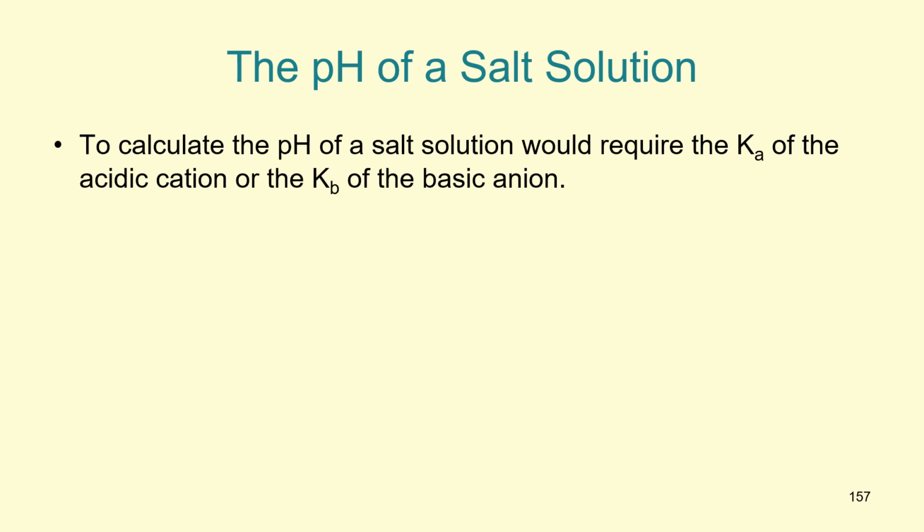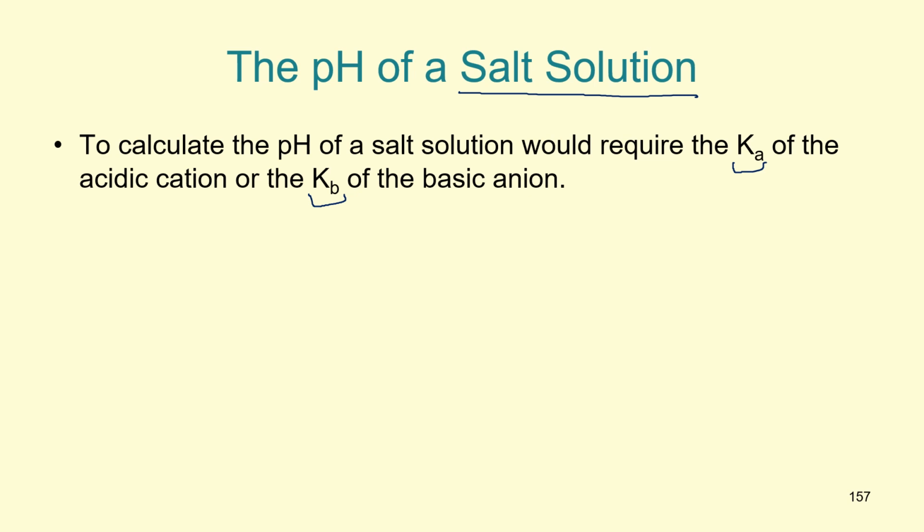All right, now we get a little bit more complicated. If you want to find out the pH of a salt solution, we already said this, we're going to need the Ka of the conjugate acid or the Kb of the conjugate base, depending on if it's acidic or basic.